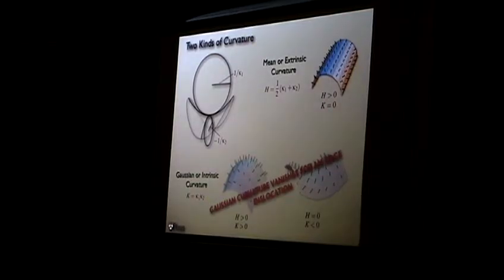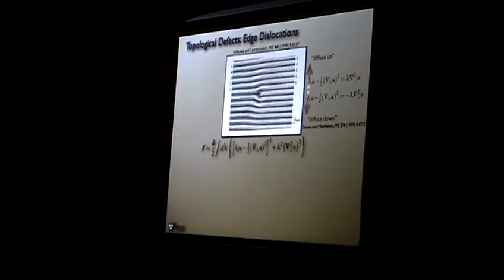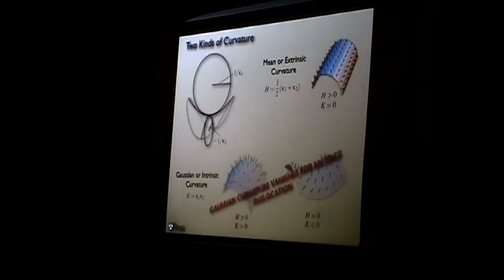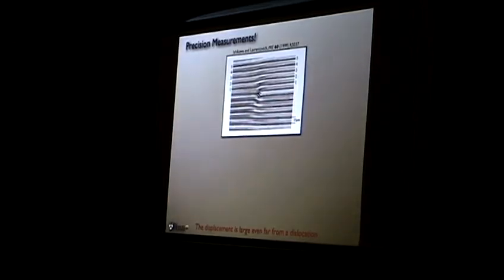That means that the Gaussian curvature always vanishes. What that means, going back to this decomposition, is that this is 0. So when the Gaussian curvature vanishes, then you actually have an EPS decomposition. And so then Brenner and Marchenko's guess is actually correct.